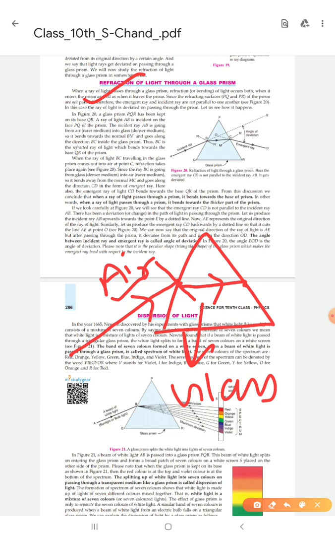From this point it has to go into the rarer medium, because this is the denser medium and this is the rarer medium. So when it moves from denser to rarer, it moves away from the normal. We draw the normal here, then it moves from this point in this direction.